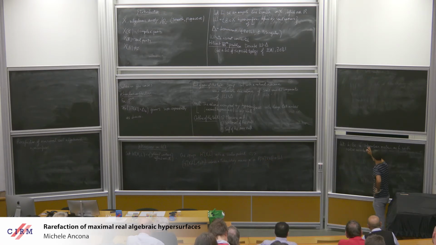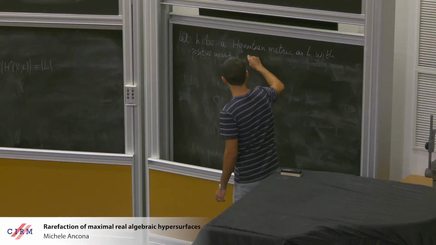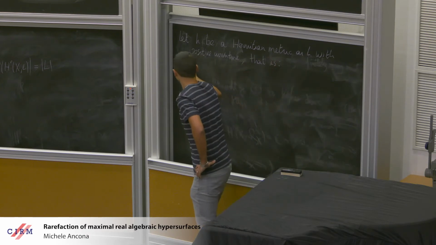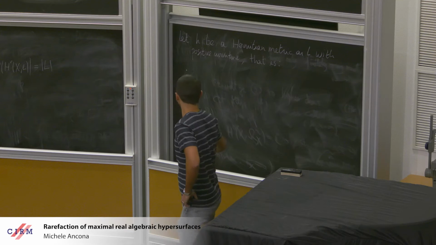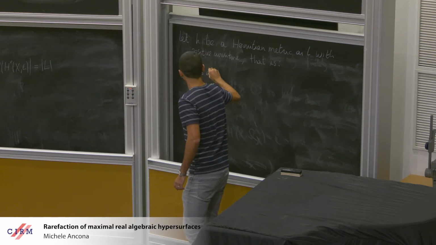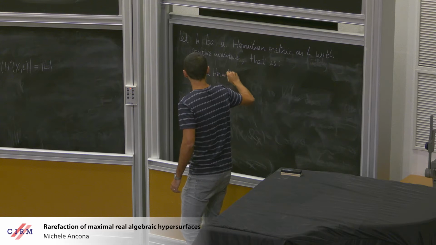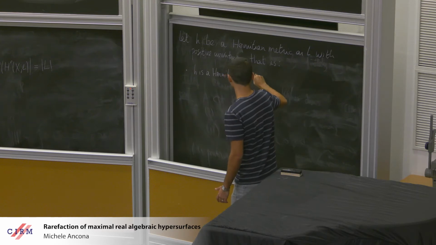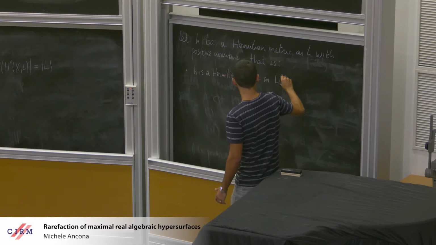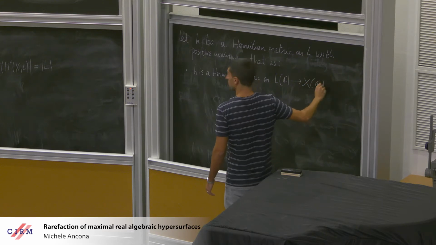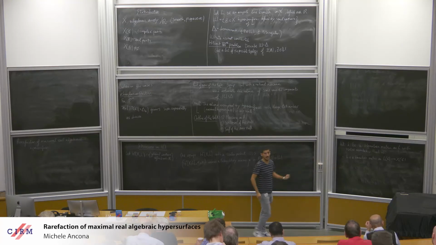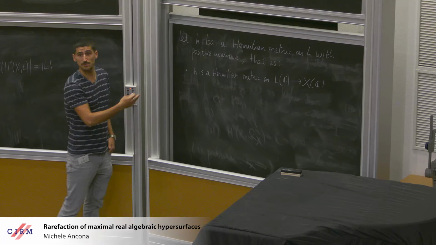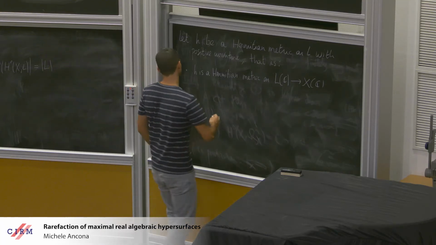By this, I mean two things. First, h is a Hermitian metric in the sense of differential complex geometry on the holomorphic line bundle associated with L. And I ask this Hermitian metric to be compatible with the real structures.